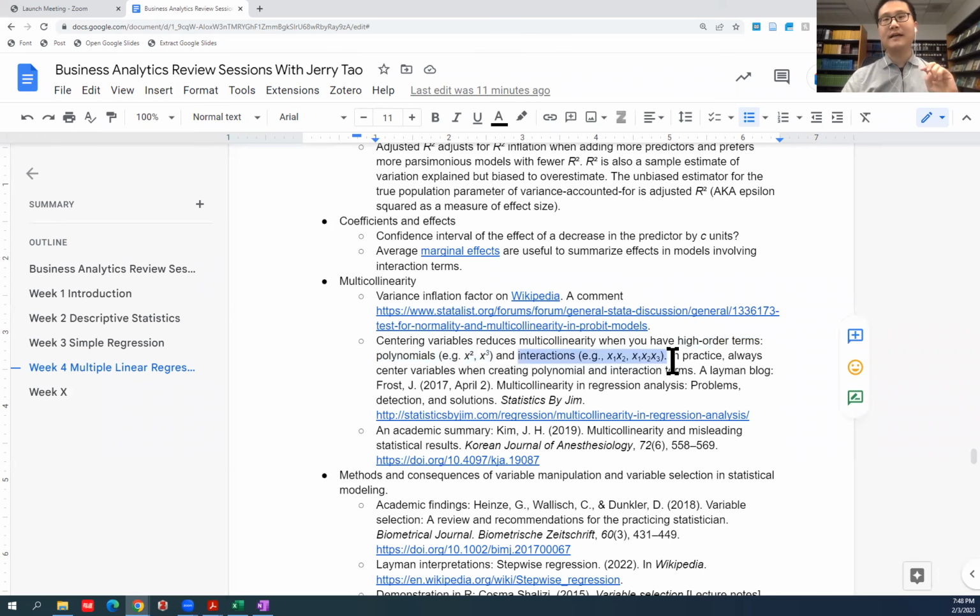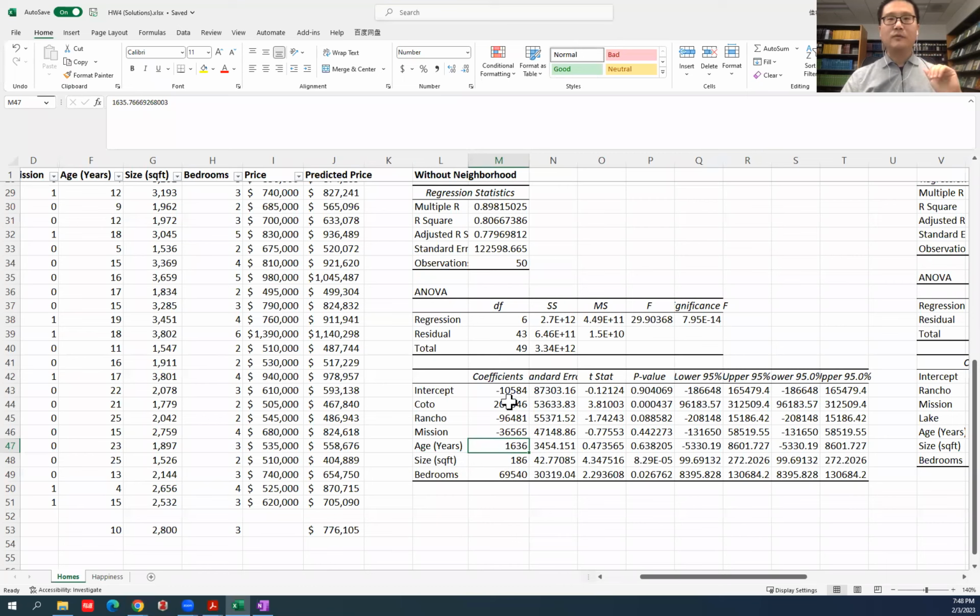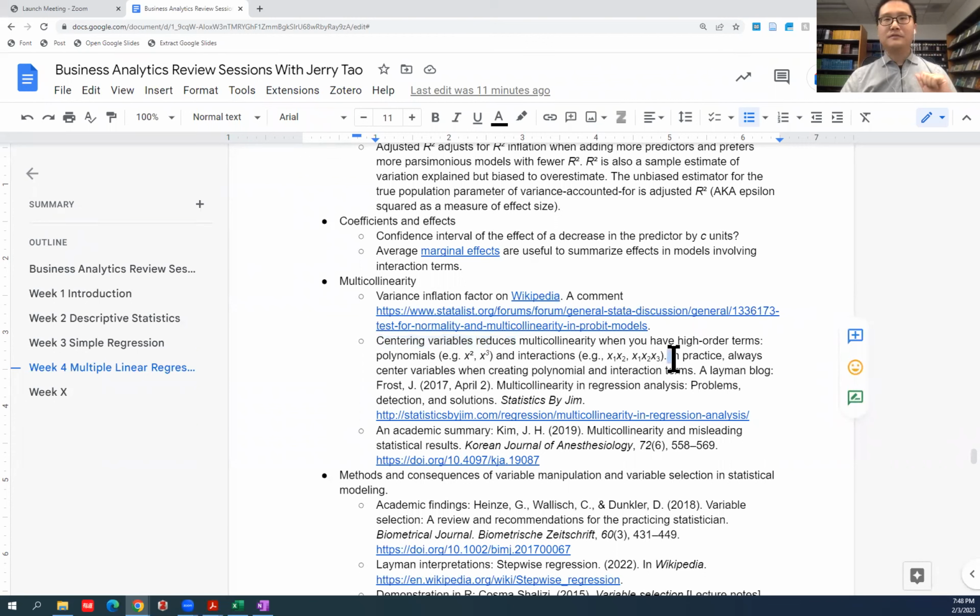However, if we do not have higher order terms, like this case we have at hand, we are not building interactions or polynomial terms, right? Doing this, centering variables, we will not reduce multicollinearity. So when multicollinearity happens, there's usually nothing we could do about it. So in practice, we center variables when we build polynomial or interaction terms.